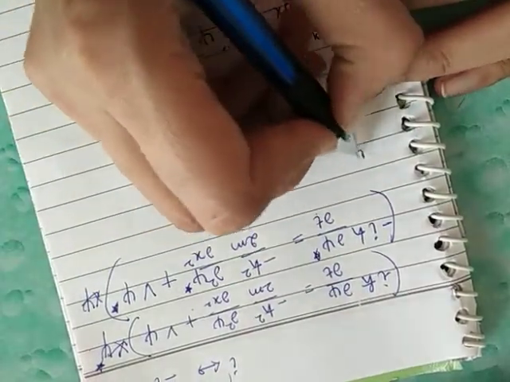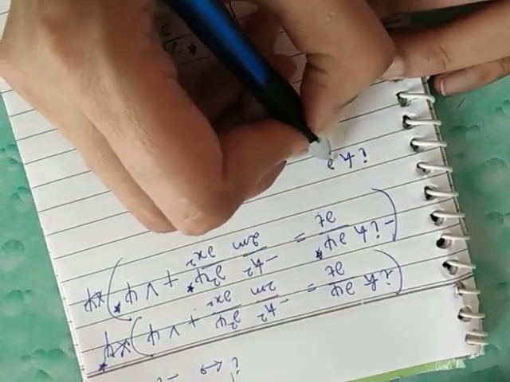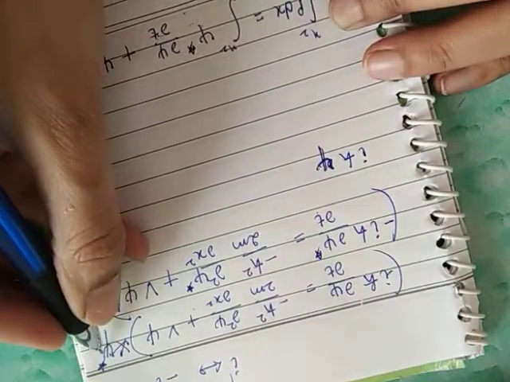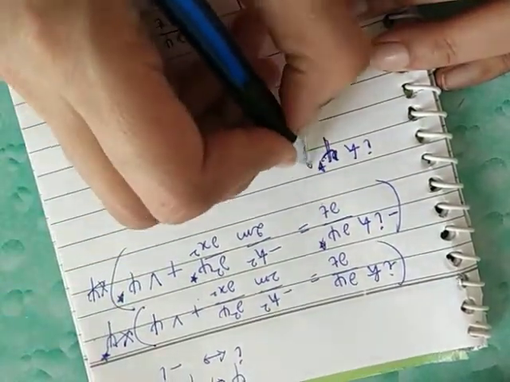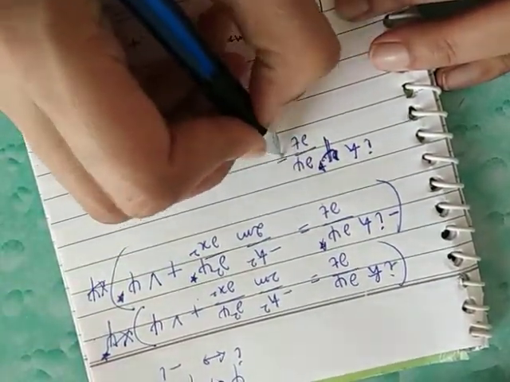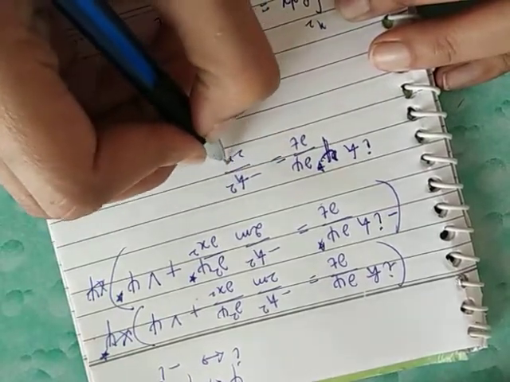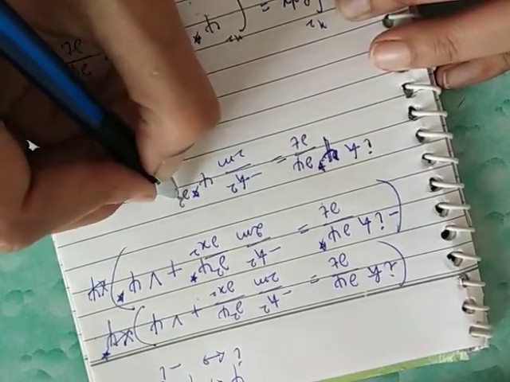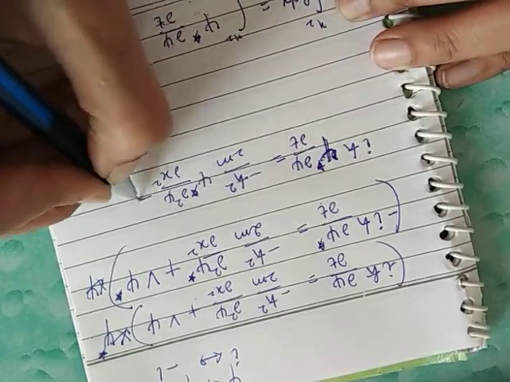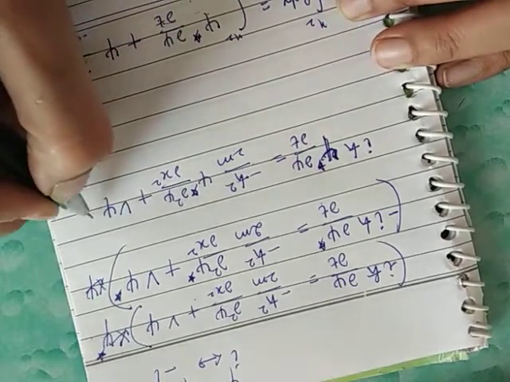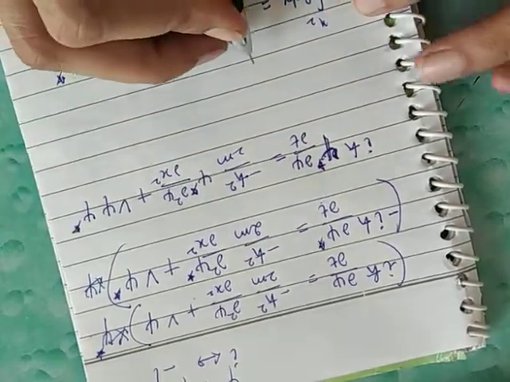So iota h cut psi star curly psi by curly t equals minus h cut square by 2m psi star curly 2 psi by curly x square plus V psi star psi.